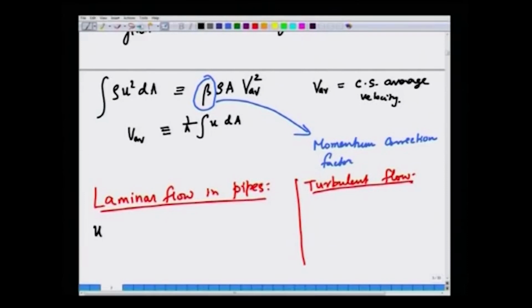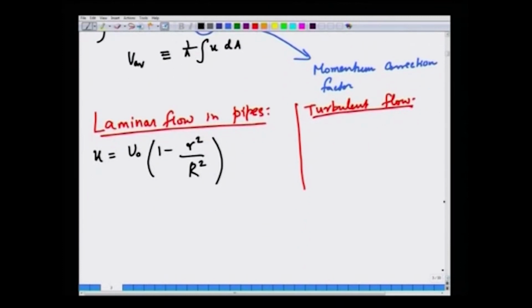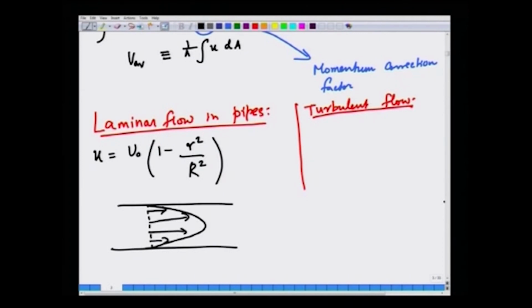So, it turns out that how the velocity varies with the cross sectional area is very, very different for laminar and turbulent flows. For laminar flows, for which I can give you a full illustration of how to calculate beta, the velocity in a pipe is parabolic in nature. That is, if I plot the velocity as a function of the radial coordinate, it is a parabola.